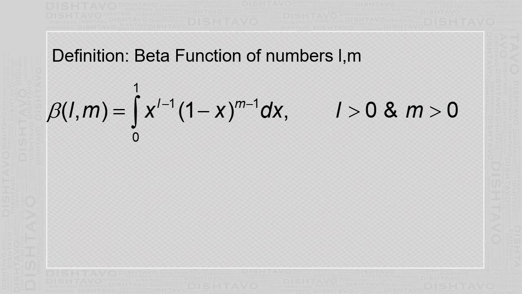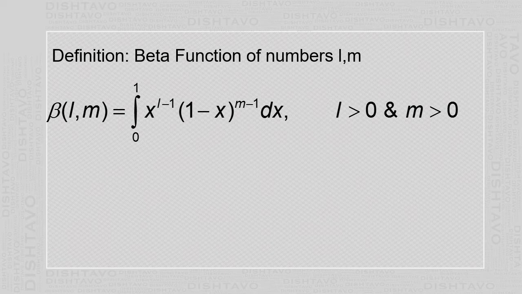You can write it as a beta function, and in fact the beta function can be written in terms of the gamma function, and the values of the gamma function can be found using the properties of the gamma function, and hence the value of the given integral can be evaluated.